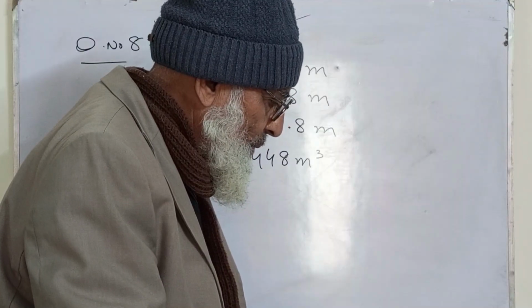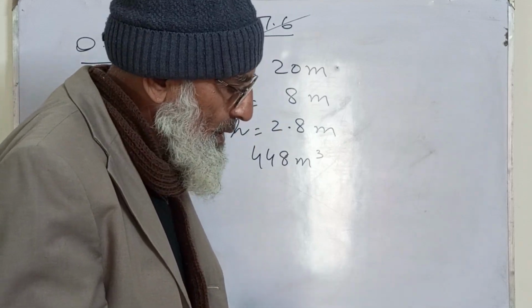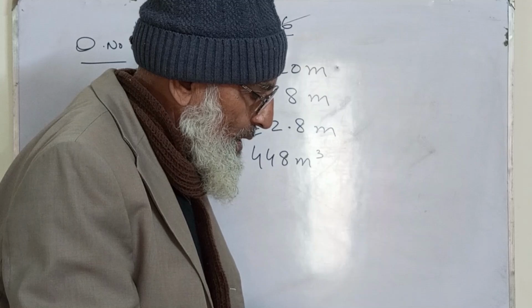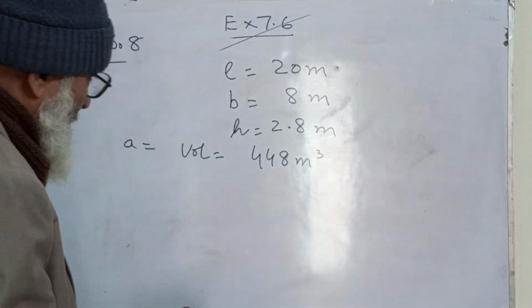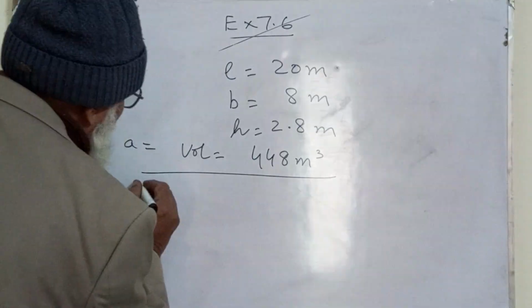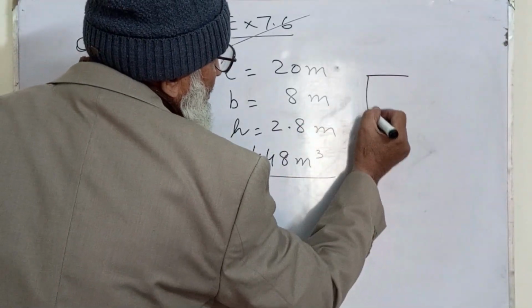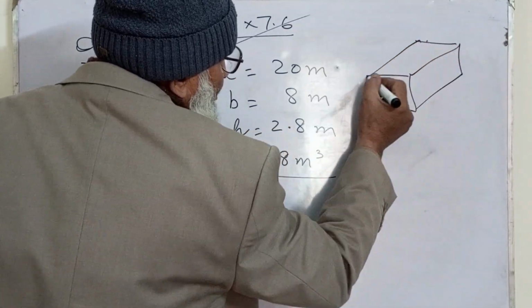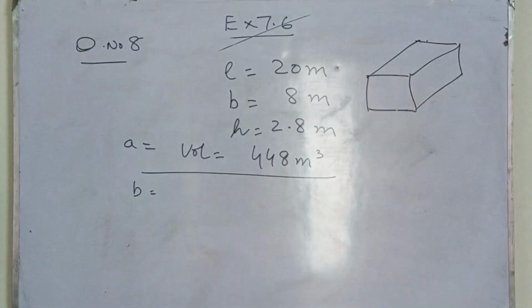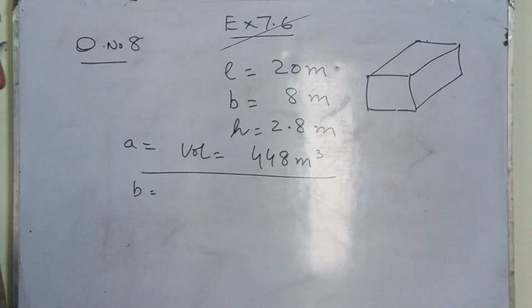The next part: how many cardboard boxes of the given dimensions fit in the storage area? Now part B. These sort of boxes have to be fitted in this storage area.